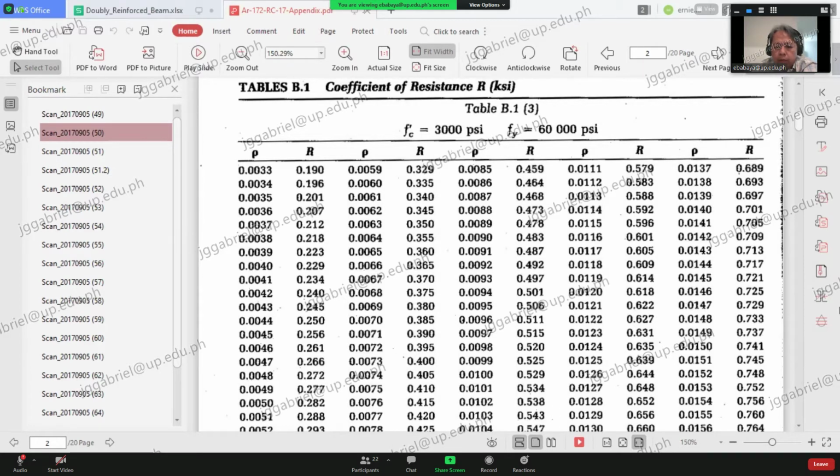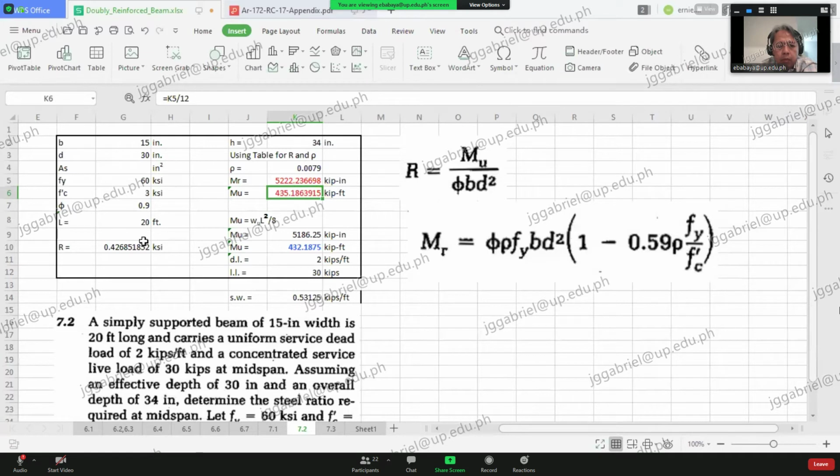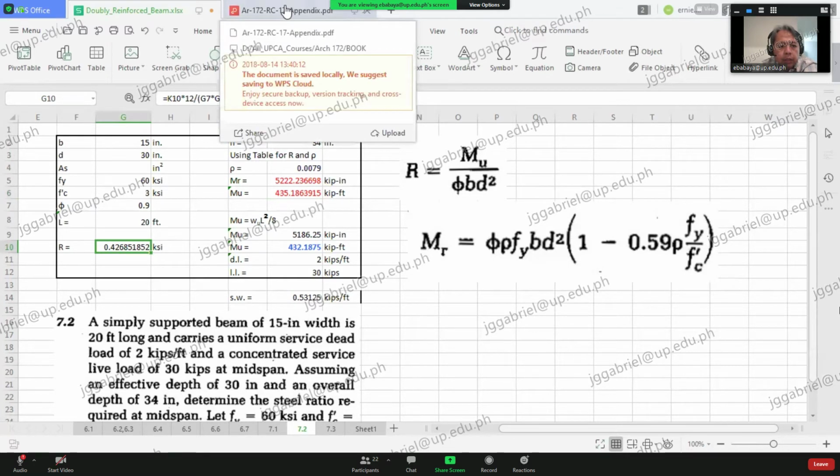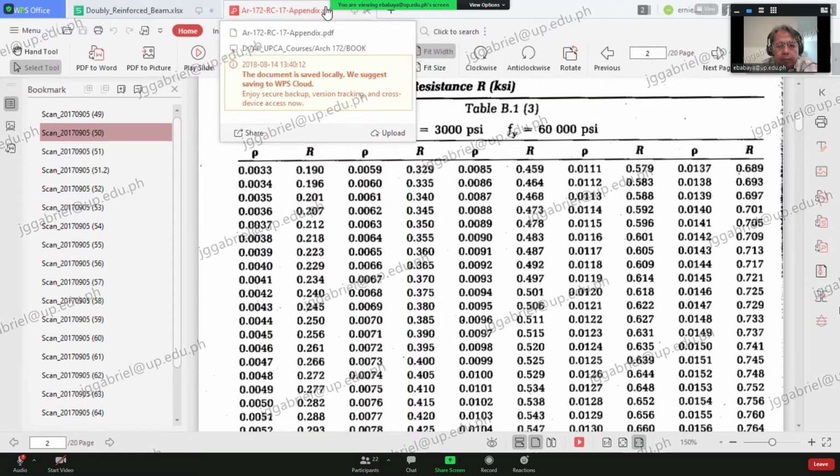We are looking for R to be 4.426, and your Fy and F prime C is 60.